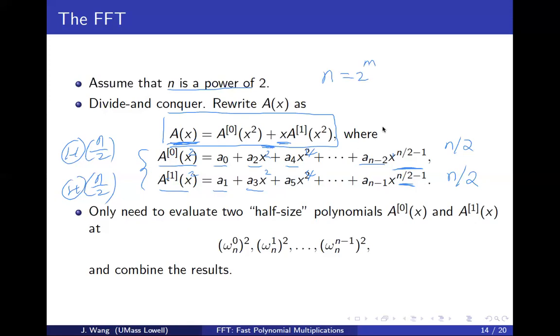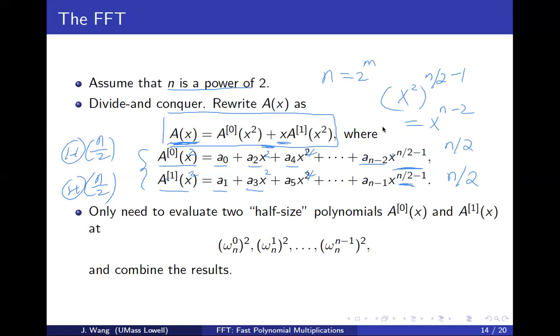And then, sorry, this is n minus 2, because n squared of n over 2 minus 1 is equal to x to the n minus 2, because 2 times n over 2 is n, 2 times 1 is 2.